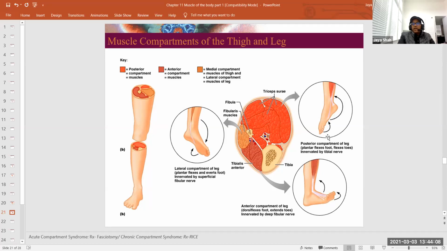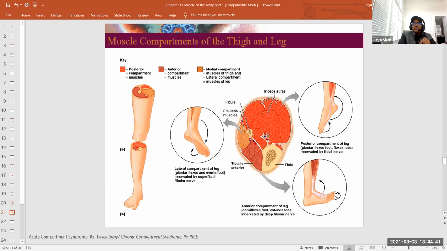So here in this diagram, you can study 2 things. Last time when we studied joints, you talked about joint movements, and I said I was not able to show you these 2 movements. You can see now what plantar flexion and dorsiflexion are. Plantar flexion is flexion at the ankle joint where your toe is pointing towards the ground, or you are tiptoeing.